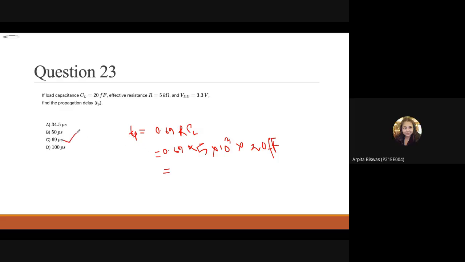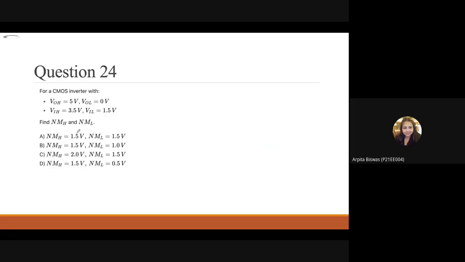Okay. So next, this is question number 24. For a CMOS inverter, VOH and VOL are given, and VIH and VIL are given. Find out the NMH and NML. I think in the previous class also we have calculated it. Tell me what is the equation to calculate the noise margin low and noise margin high.